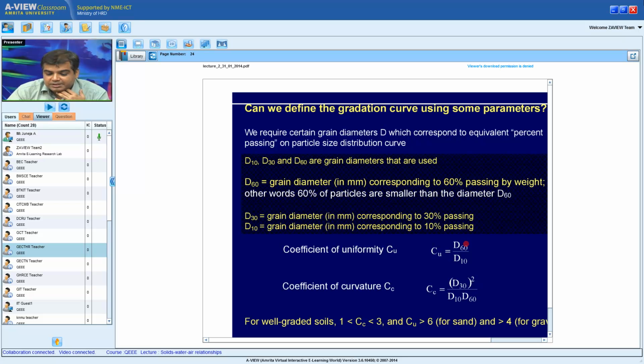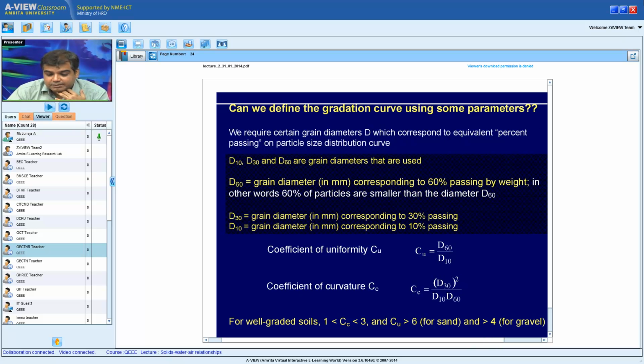Cu is defined as the ratio of D60, where D60 is the grain size diameter which corresponds to 60% passing by weight, or in other words, 60% of the particles are finer than this particular diameter.